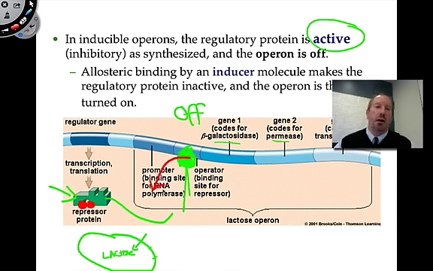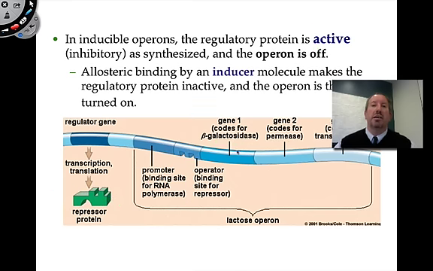And when it falls off the operator sequence, RNA polymerase is able to cruise along and transcribe the genes necessary to digest it. And then when the lactose is all chopped up, there's no more lactose, so there's nothing binding to the repressor protein, inactivating it, and therefore it goes back there and gets hooked up.